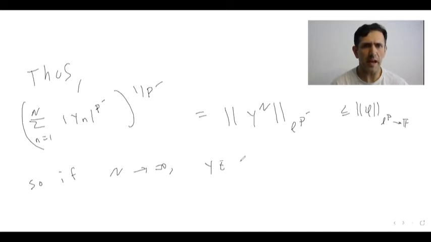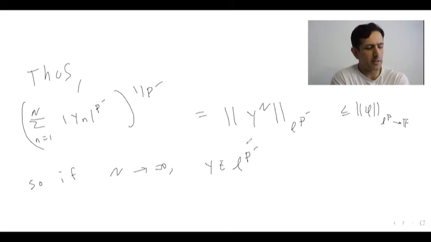This says that, in fact, y is in little ℓ^p prime. Beforehand, we didn't know that. We cannot define x_N, this x^(N), without knowing that we have something that's in little ℓ^p prime.